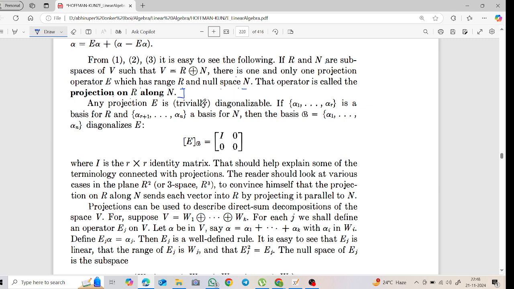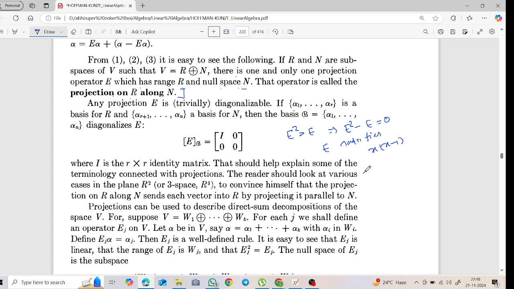Any projection E is trivially diagonalizable. I think we have done it now. If E squared is E, that implies E squared minus E is 0. It means E satisfies x times x minus 1.